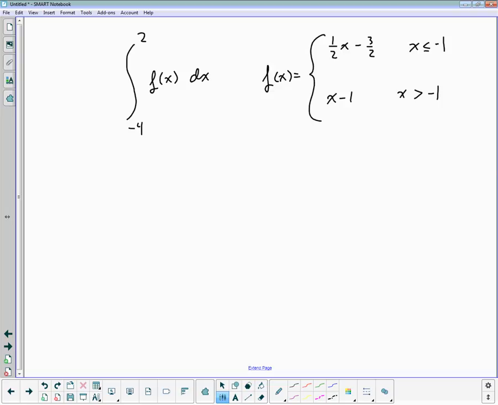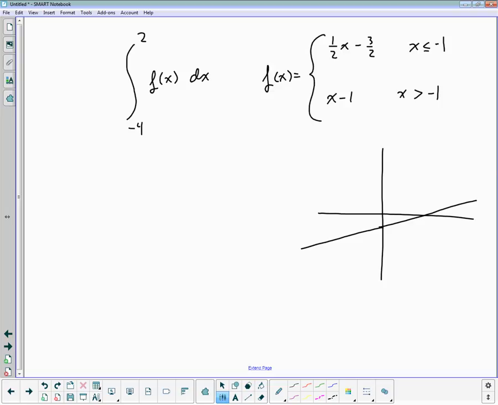So, what are we playing with? If we were to graph this, for things less than -1, we have that graph. So that graph looks like this, roughly speaking.